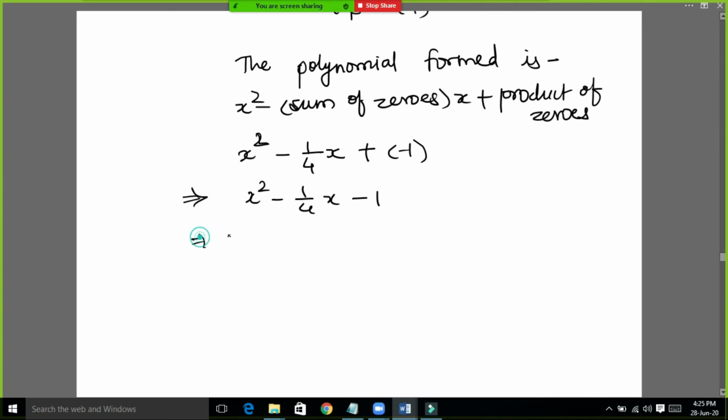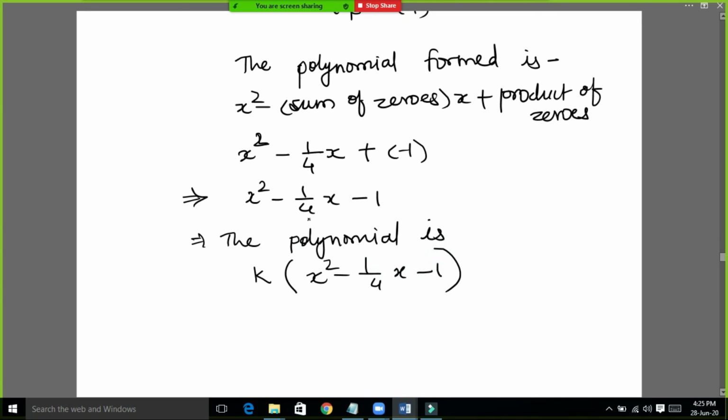So the polynomial is k into (x² − (1/4)x − 1), because we have to take the LCM of this whole expression, and so we multiply this with a constant k so that we get a required quadratic polynomial. So what we have to do here is take the value of k as 4.